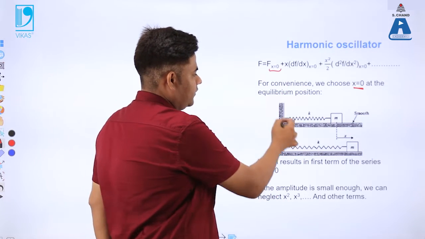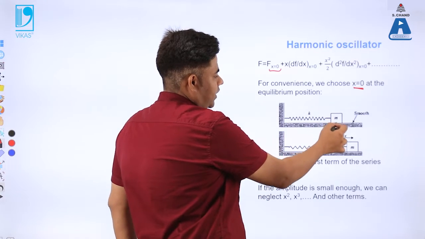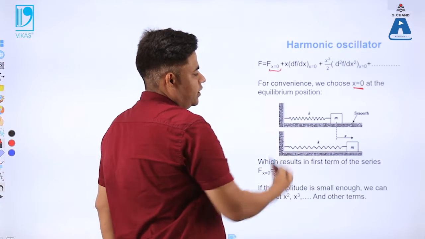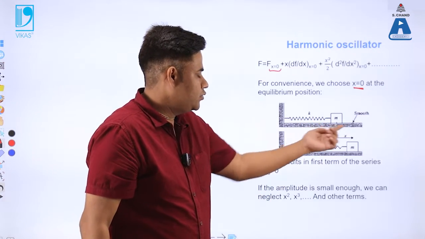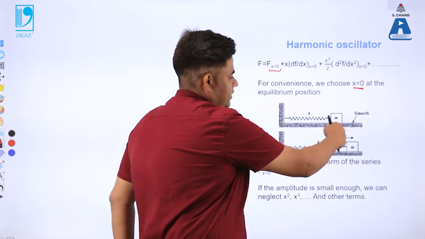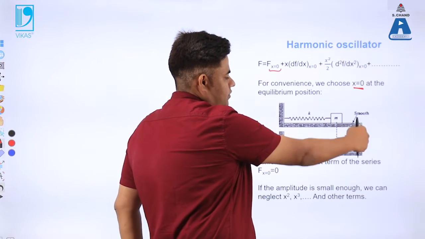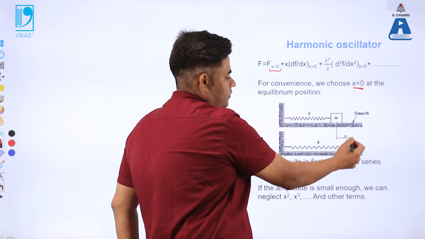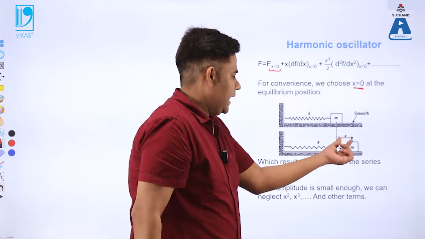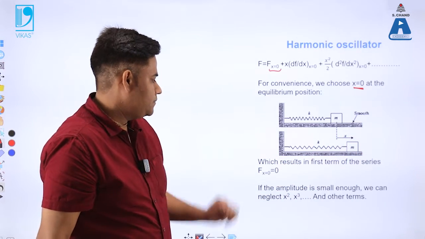Herein we have this spring mass system, with the spring attached to the mass on a smooth surface, and when we stretch or place this mass at a particular distance, that means we have this value of x, which is the amplitude.